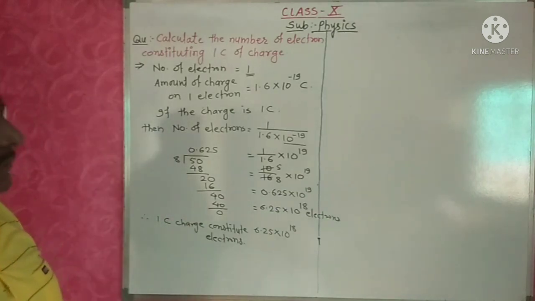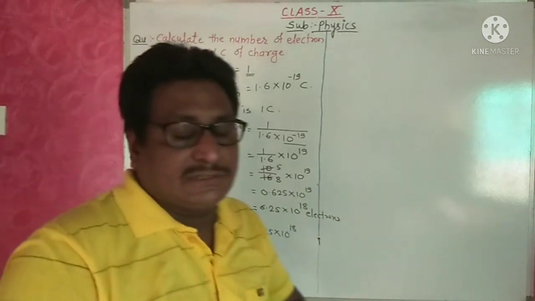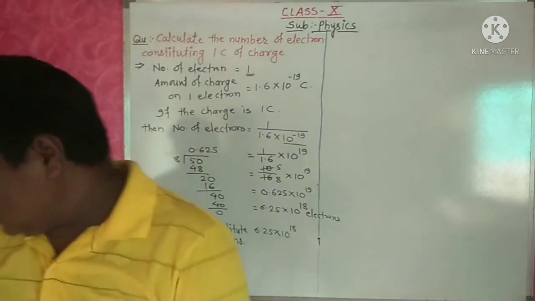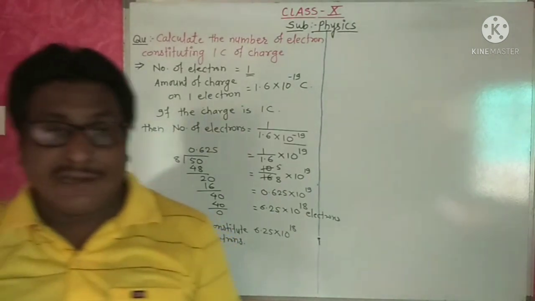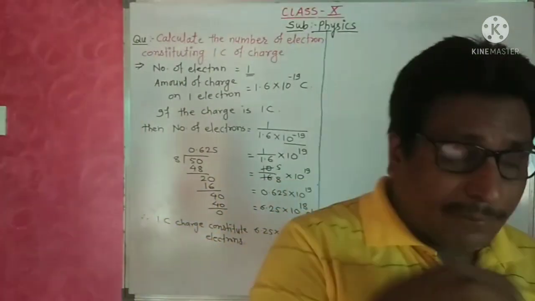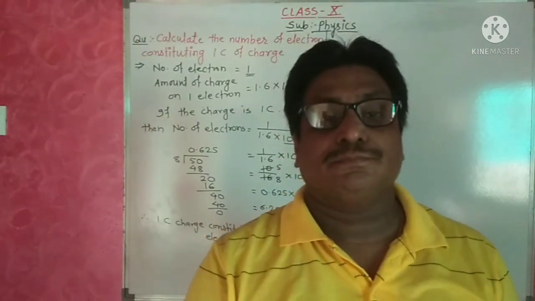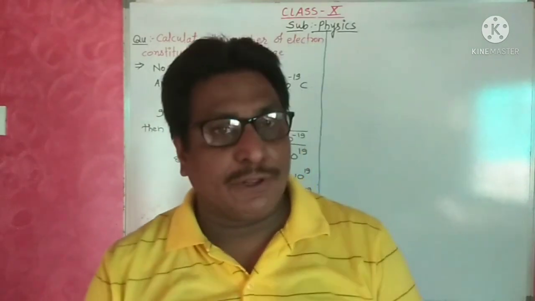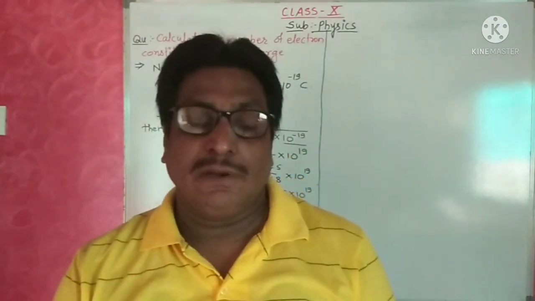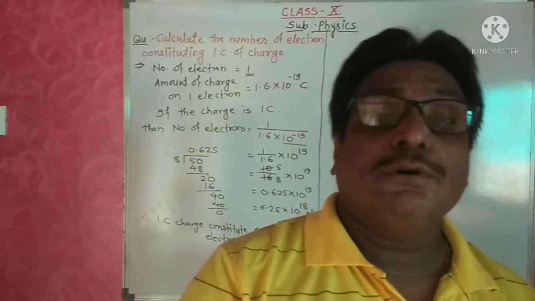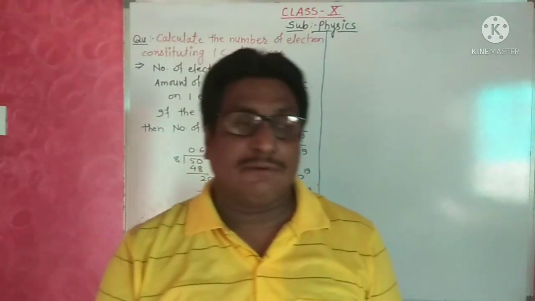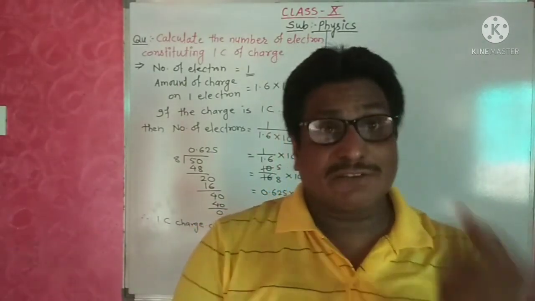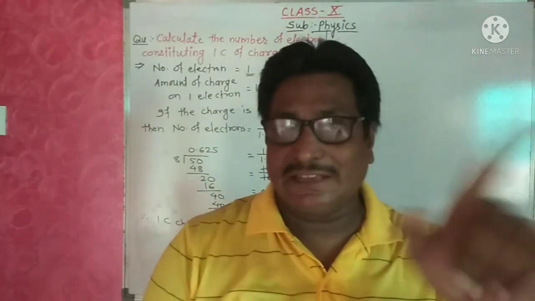Now we will go on to conductors and insulators. So based on conduction. Conduction means charges are flowing through some material and not flowing through another material. For example, charge will flow through metals, but charge will not flow through non-metals except graphite.